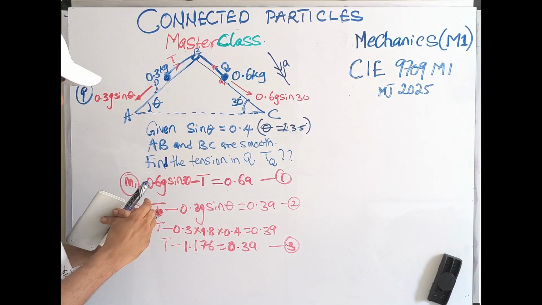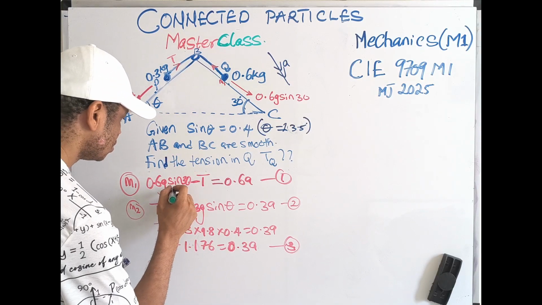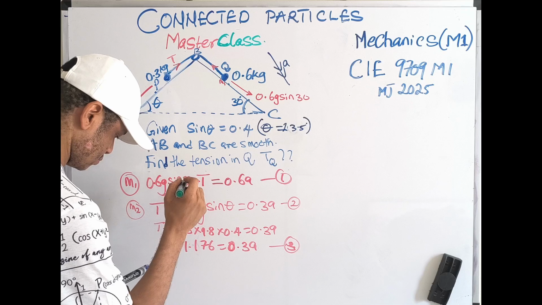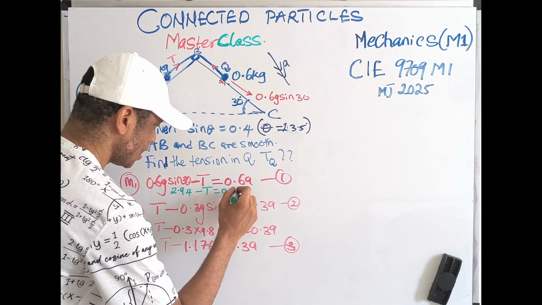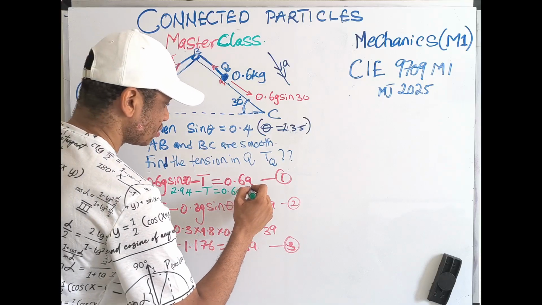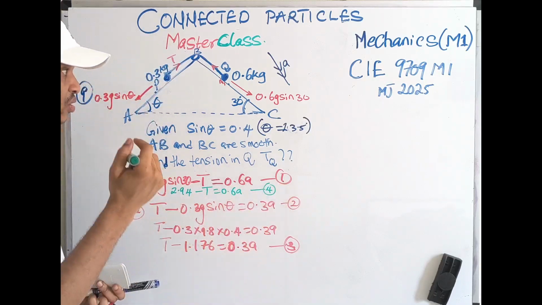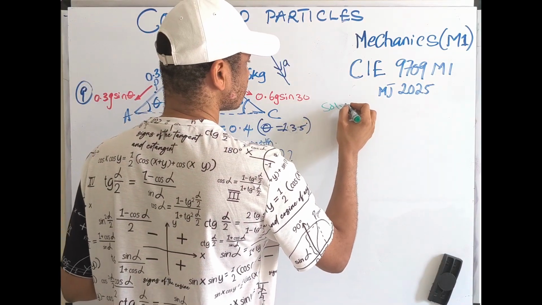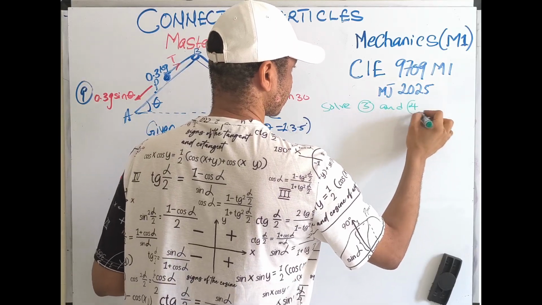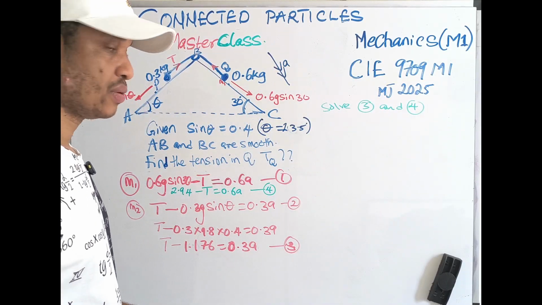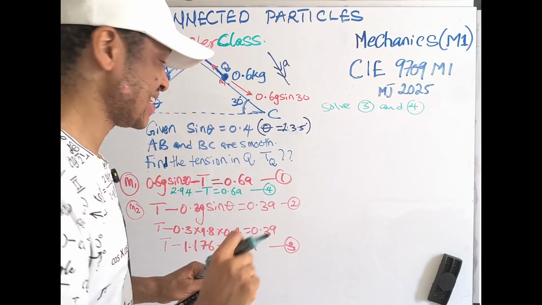So M1 becomes 2.94 minus T is equal to 0.6A. So let me call this equation 4. So I will solve 3 and 4 simultaneously. Okay, be smart with the calculator like I said earlier.